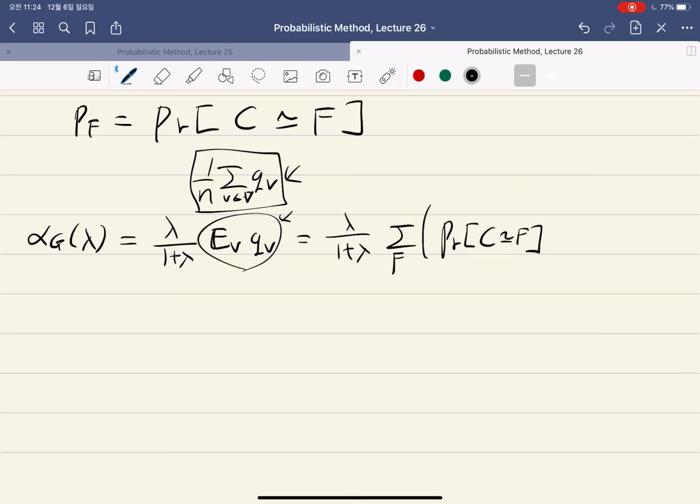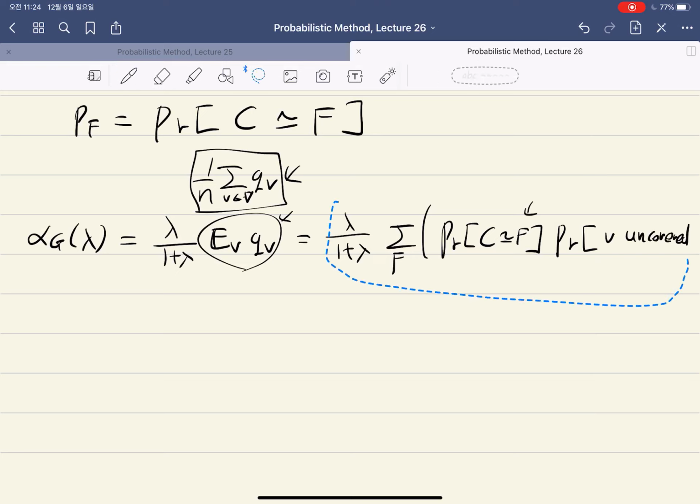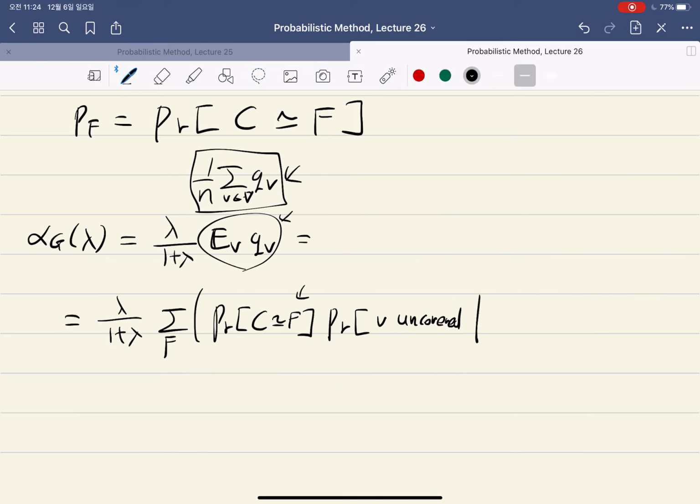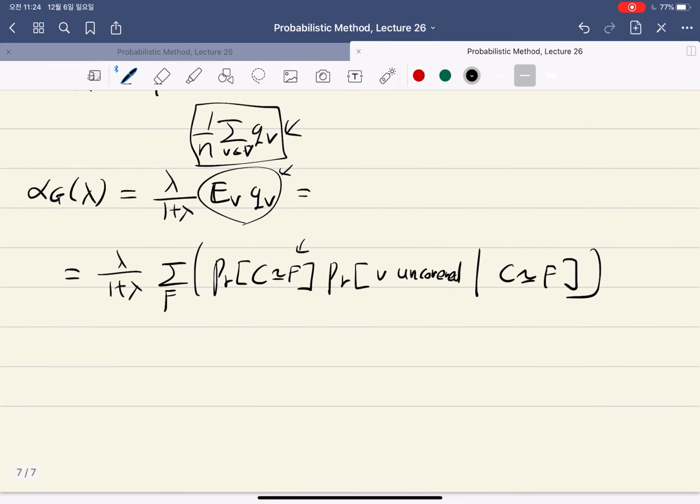Now we can write this in terms of this. So we condition on this C. Over all F, we multiply the probability that C is isomorphic to F, and we take the conditional probability that V is uncovered, assuming C is isomorphic to F. And what's this?